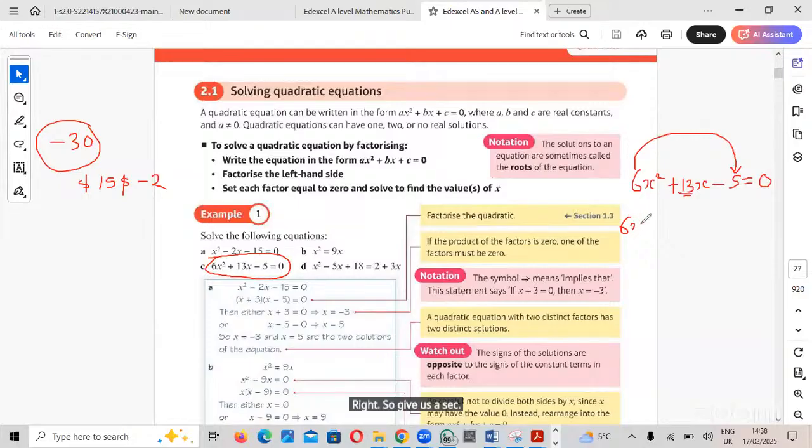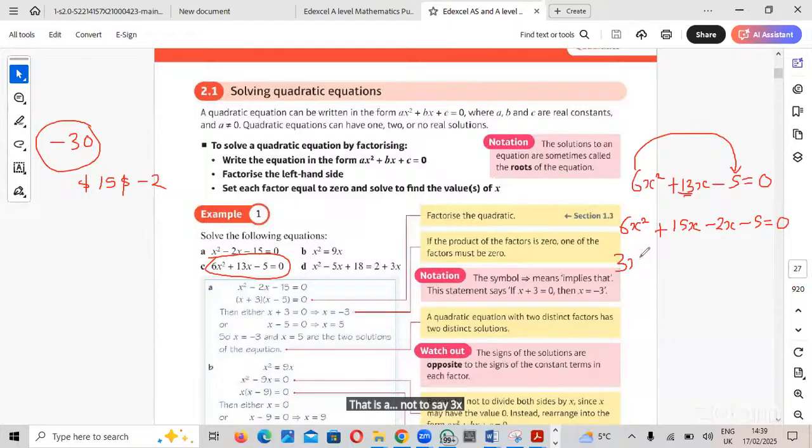So give us 6x squared plus 15x minus 2x minus 5 is equal to 0. What is common between 6x squared and plus 15x? That is 3x.